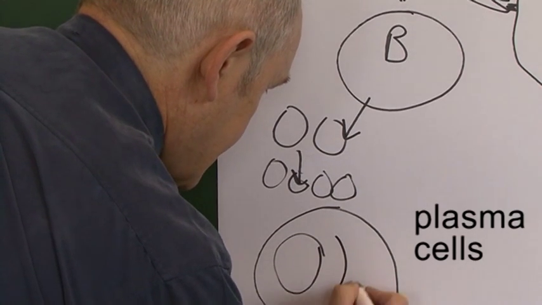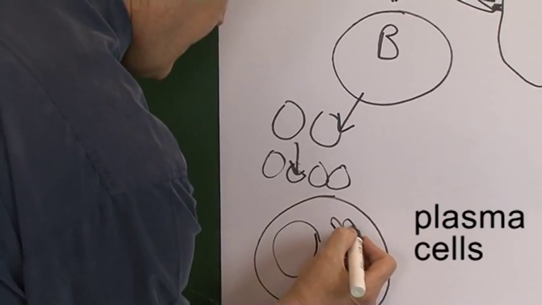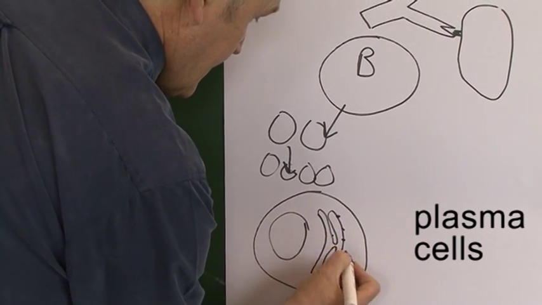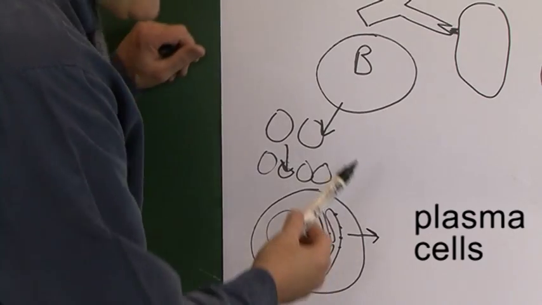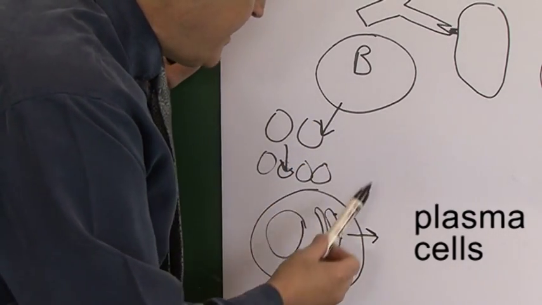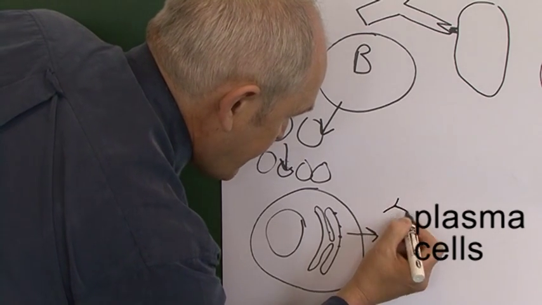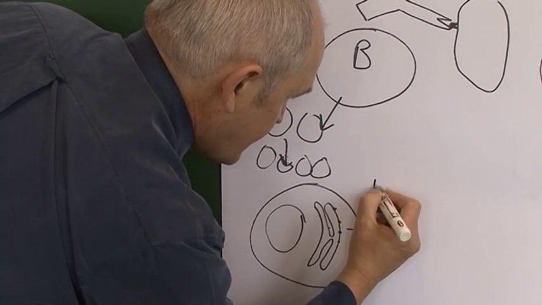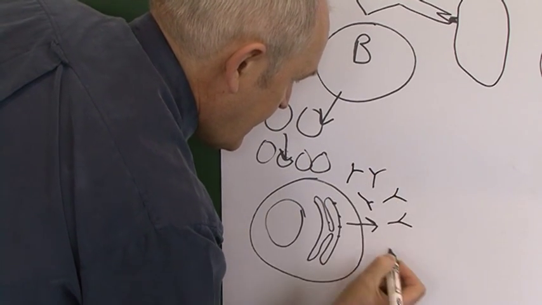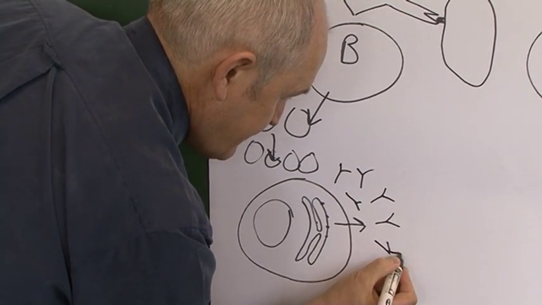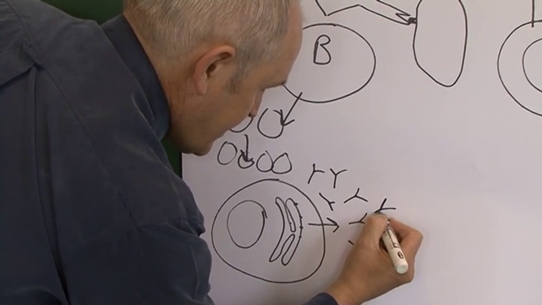They've got very extensive endoplasmic reticulum and produce lots and lots of antibodies, and they secrete these antibodies from the surface. Now, unlike the parent B cell, where the antibody was fixed onto the surface, these antibodies are simply released from the plasma cells into the body tissue fluids. So the B cell is producing millions, billions of antibody molecules.